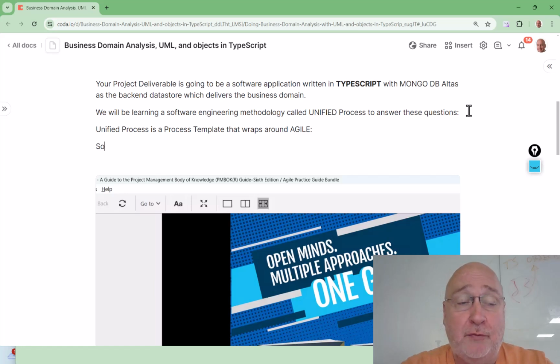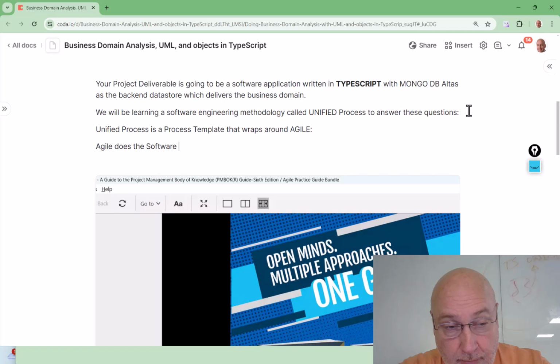Agile does the software engineering. But there's other stuff you need to do to deliver software. You need to figure out the requirements.